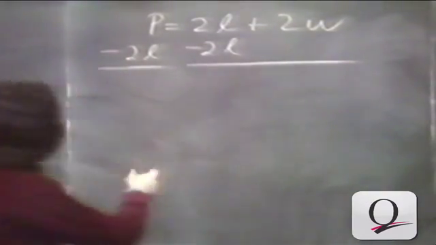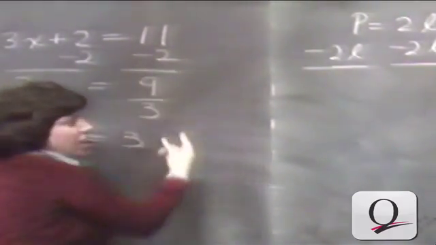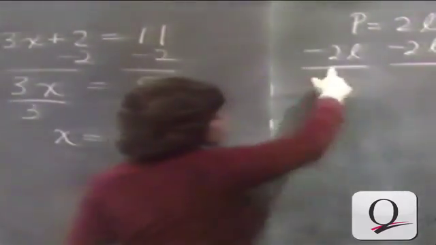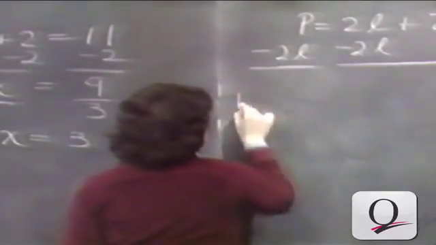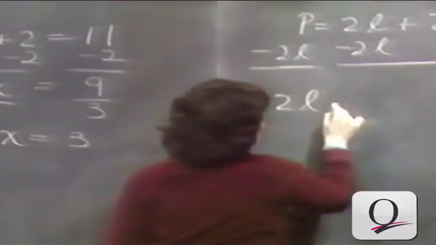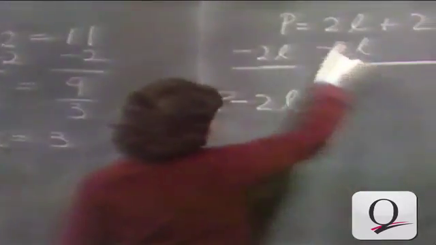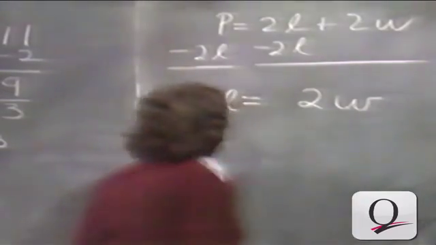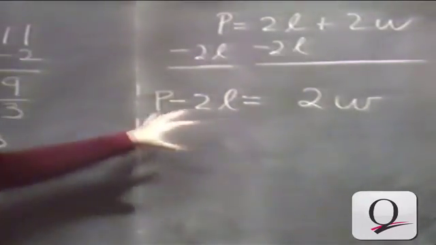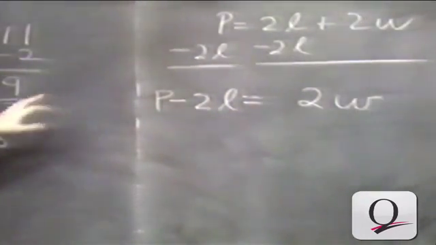Now, over here, when we subtracted 2 from 11, they were both constants, and we could combine, and we got 9 for an answer. Over here, the best we can do is say subtracting 2L from P gives you P minus 2L. Here, 2L minus 2L gives you 0. This is equal to 2W. Don't be upset that you can't actually do any more combining than this. With constants, you could combine to get 9 here.